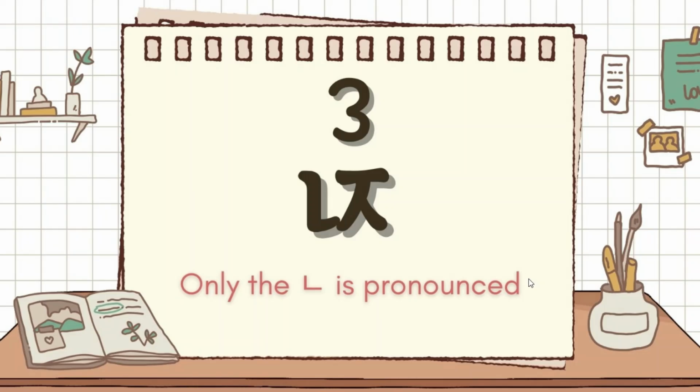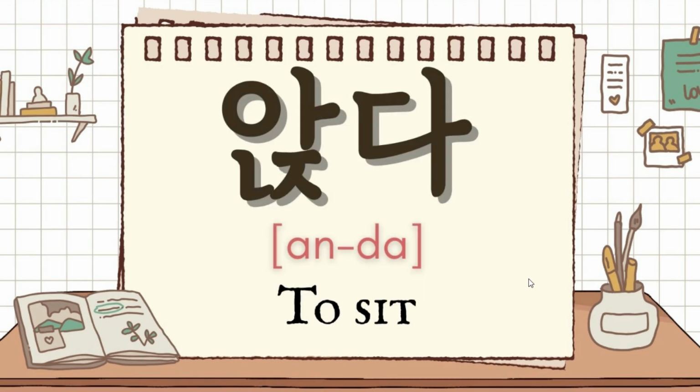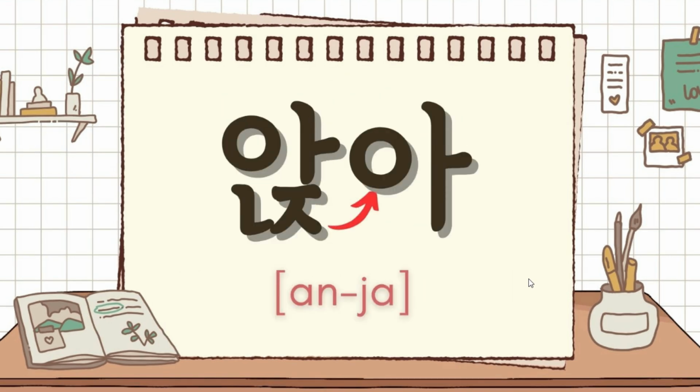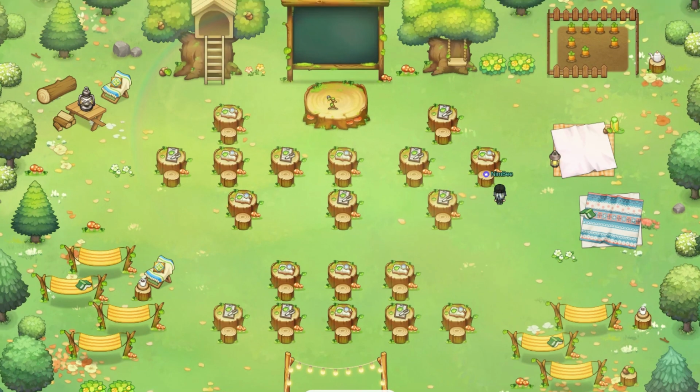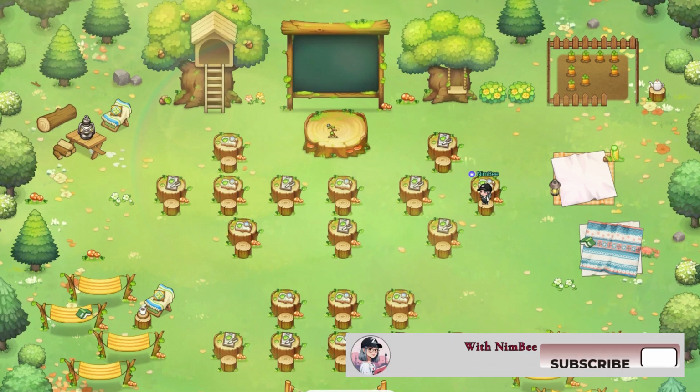The next one is 니은 plus 지읒. In this case, only the 니은 is pronounced. Let's see. 앉다. And when we have a vowel, 앉아. See? It's so simple. Next one. Okay.